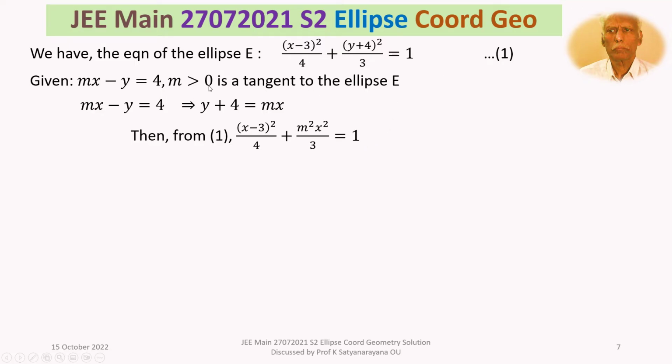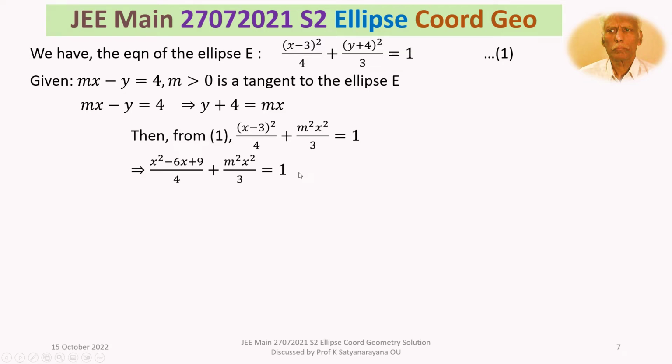We want to find where the tangent to the ellipse E meets the ellipse E. So in this we substitute: (x - 3)²/4 + m²x²/3 = 1, and take the LCM, and you will get (x² - 6x + 9)/4 + m²x²/3 = 1.